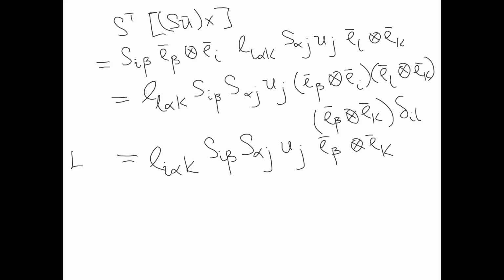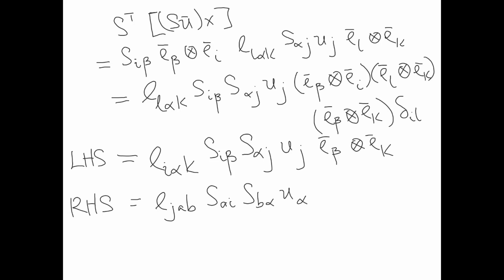Now this is the left-hand side. Let me write what I got for the right-hand side. Then you can compare and see that they are the same. So what I got for the right-hand side was E, J, A, B, S, A, I, S, B, alpha, U, alpha, E, I, E, J. Compare these two.